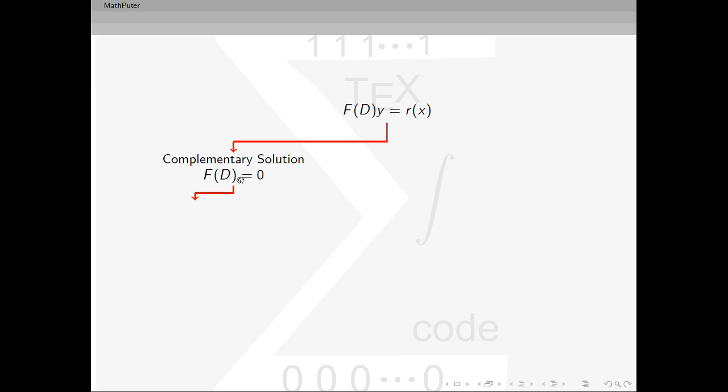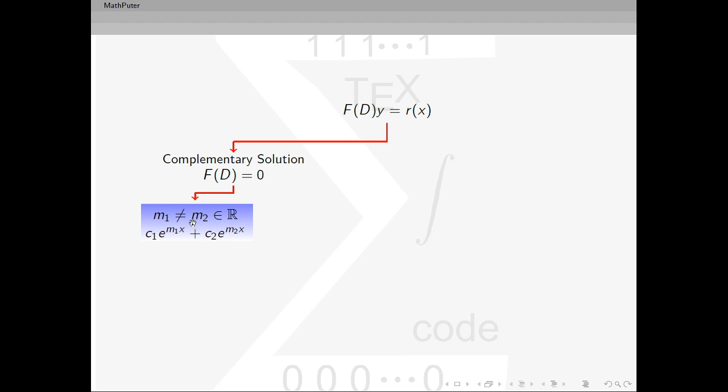When f of D equal to 0, we have different values of D. Suppose D has two real roots which are unequal, then how do we write the complementary solution? c1 e raised to m1x plus c2 e raised to m2x. We are mostly interested in these two functions, e raised to m1x and e raised to m2x.